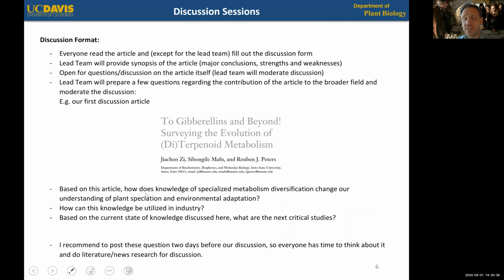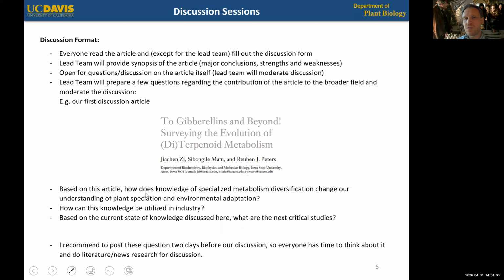So the way I usually set this up is that everyone reads the article and then, except for the lead team that will lead the discussion, fills out the discussion form that I have uploaded on Canvas already. And then the lead team, so those 3 people, would provide a synopsis of the article. So really looking at what are the major conclusions, what are the major take-home messages from this article.